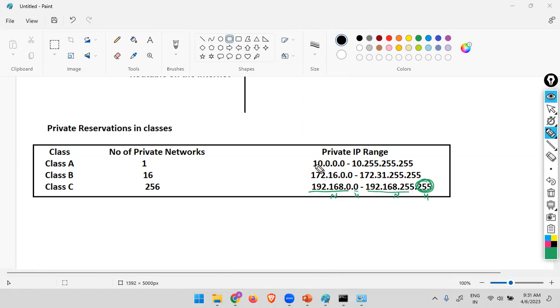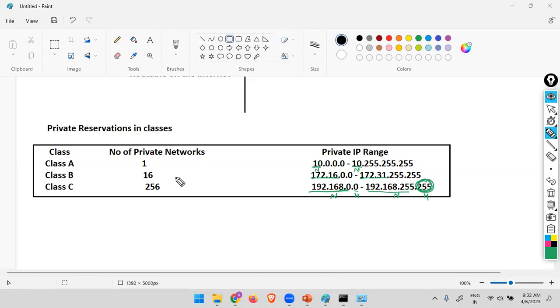In case of class A, only this part is network, so we are just focusing on this part. Not changing, only one network. In case of class B, only 2 octets are my network part, changing from 16 till 31. That is 16 networks. Similarly, in case of class C, 3 are there, from 0 till 255.